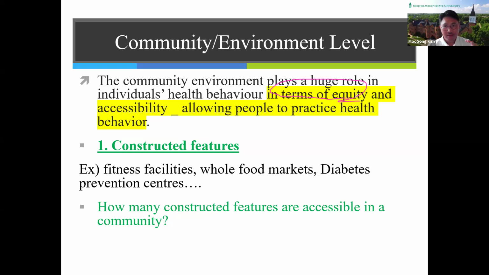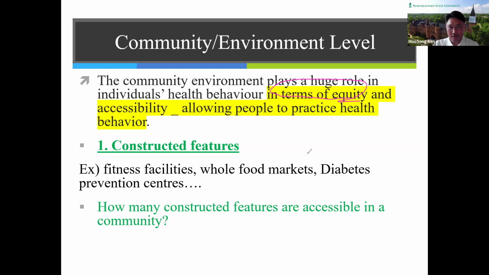That means all people, regardless of their status, have the same opportunity to access the environment. This allows us to achieve equity, right? That is the community and environmental level.